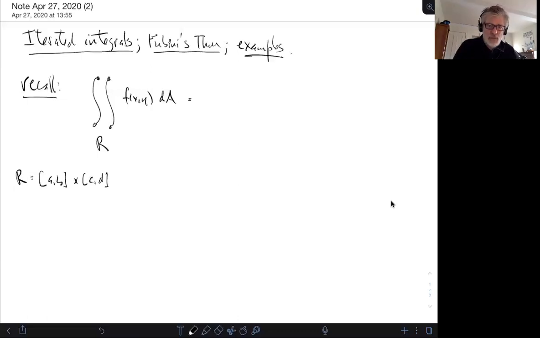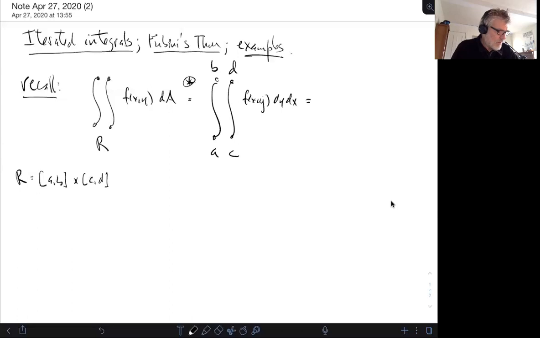And Fubini's theorem says that under certain conditions, this will be the same as the following iterated integrals: integral from a to b, integral from c to d, f of x y dy dx, or in the other direction, integral c to d, integral a to b of our function f dx dy.